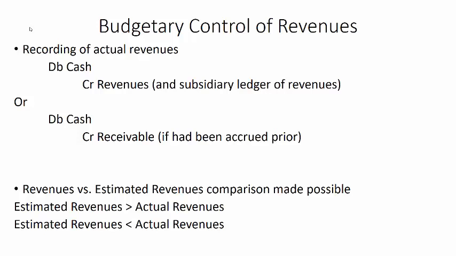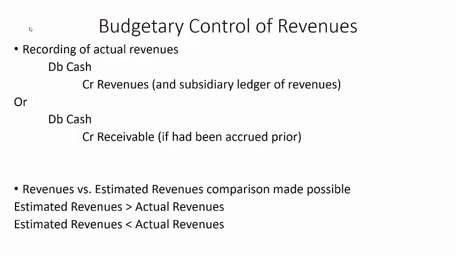Are estimated revenues greater than what's actually come in? Well, that could cause us a problem, right? If revenues are not being received at the level we had originally budgeted for, then maybe we have to figure out some other financing sources, or maybe we have to start some collection efforts of some sort.